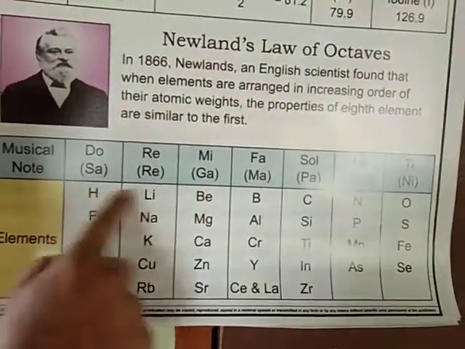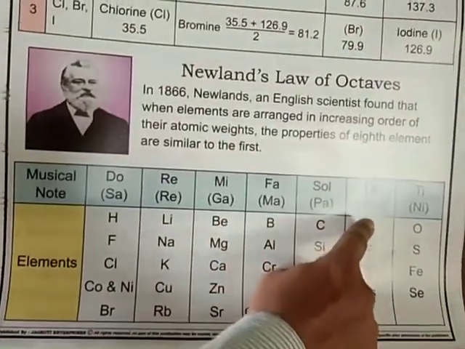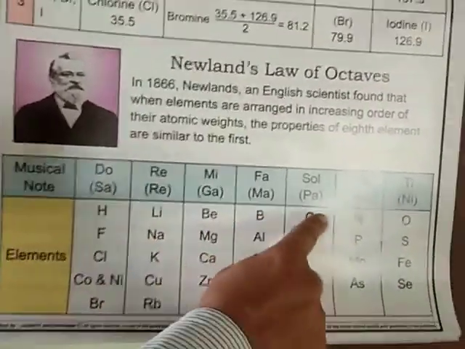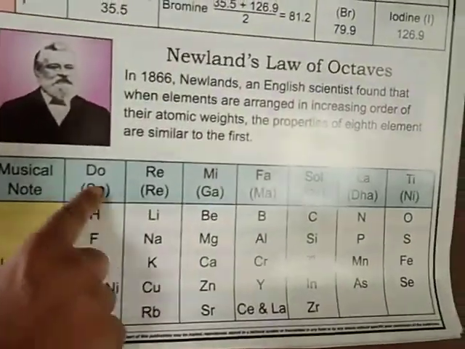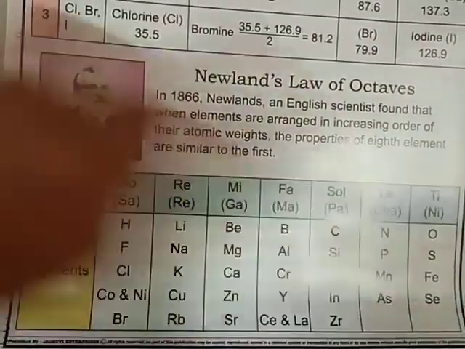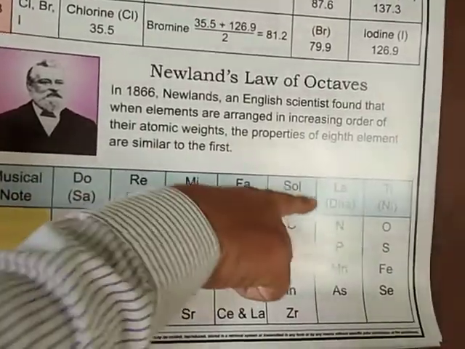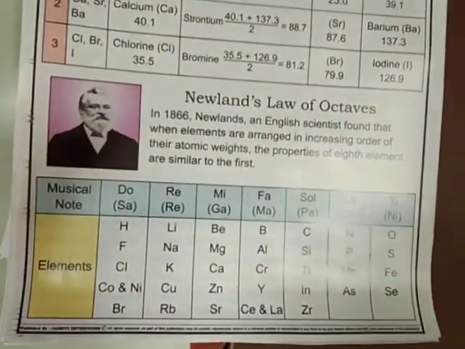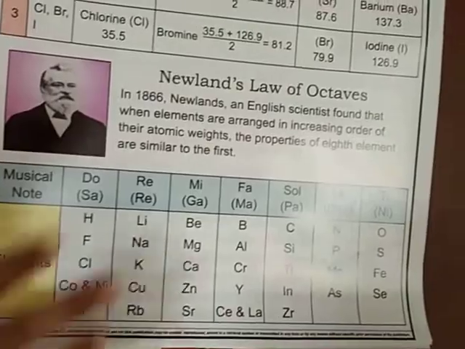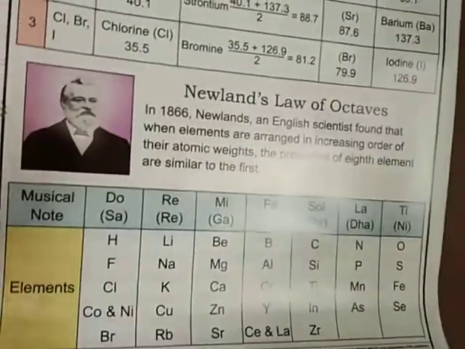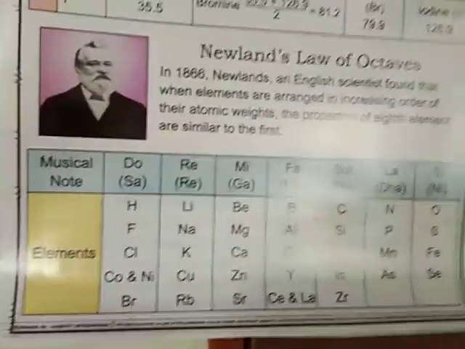First, second, third, fourth, fifth, sixth, seventh, eighth: the properties of H and F are similar. That means repeated like sa, re, ga, ma, pa, dha, ni, sa. Therefore, it is called an octave. Newland's law of octaves. Okay.